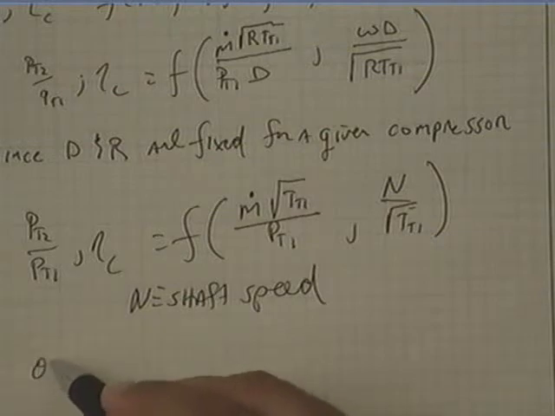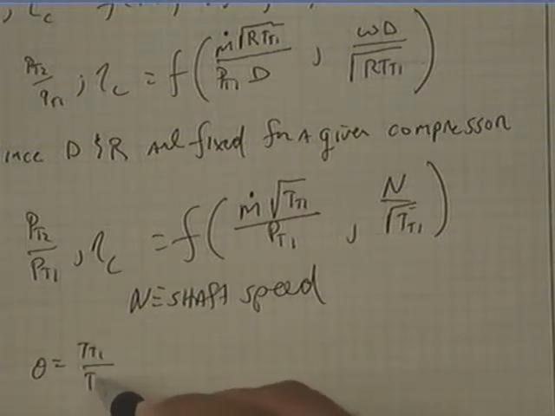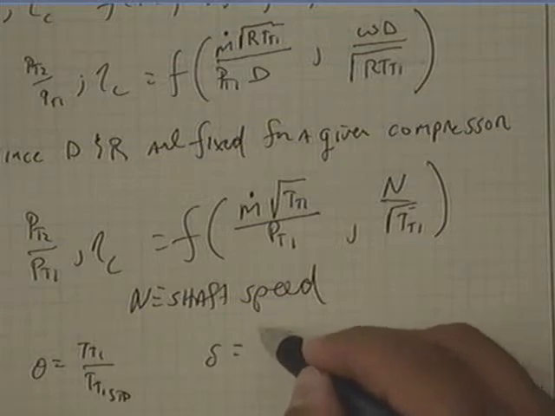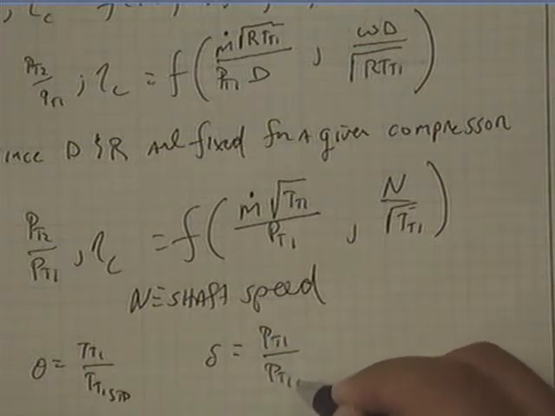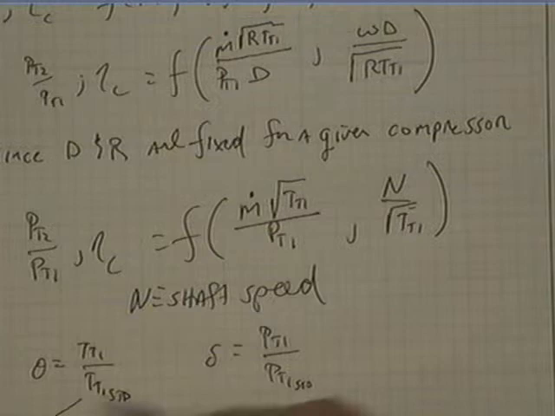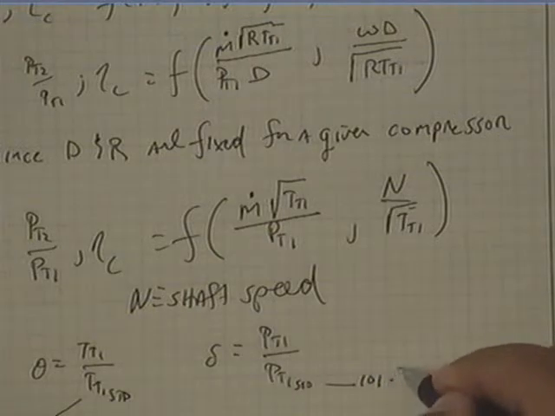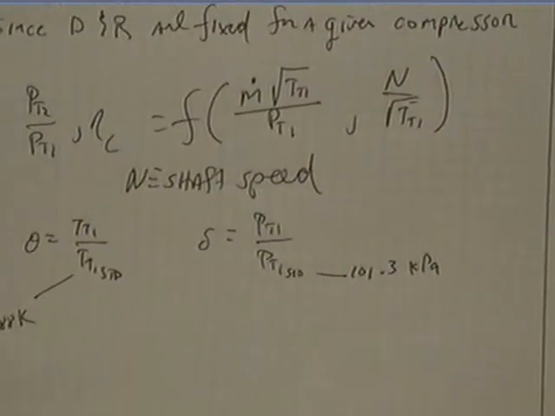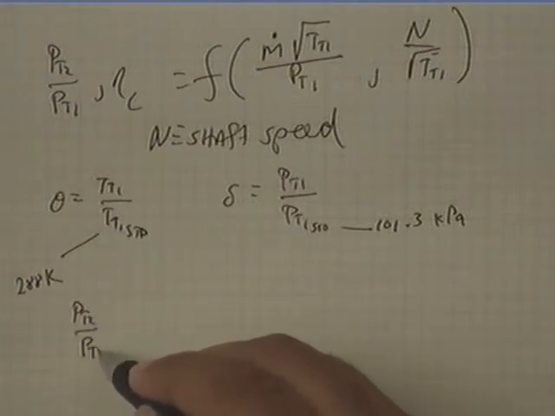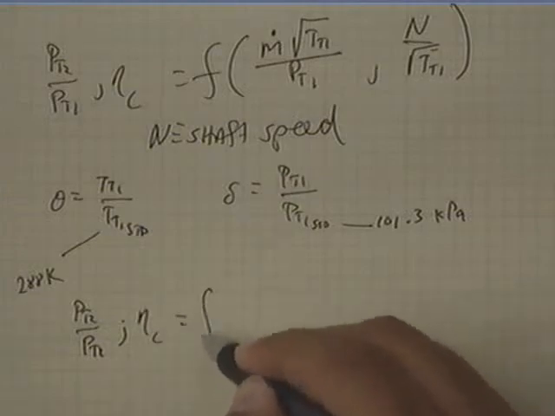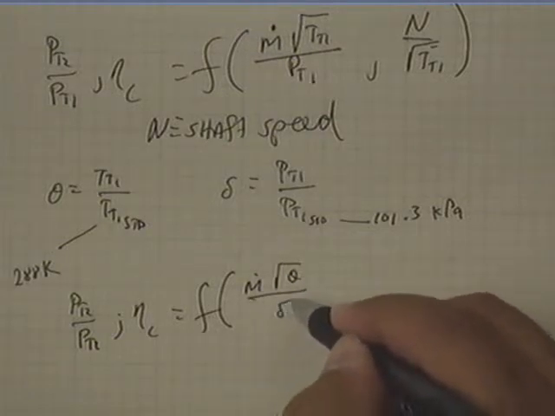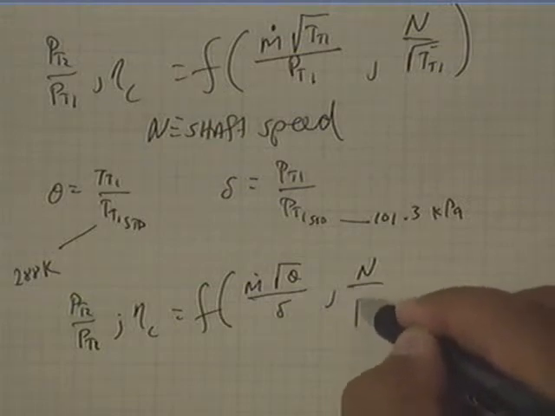If we define theta as TT1 over the standard temperature, and delta as PT1 over the standard pressure, so in SI units this would be 288 Kelvin, and this is, I think, 101.3 kilopascals, then we can say that the total pressure ratio and the efficiency are functions of m dot square root of theta over delta and N over square root of theta.